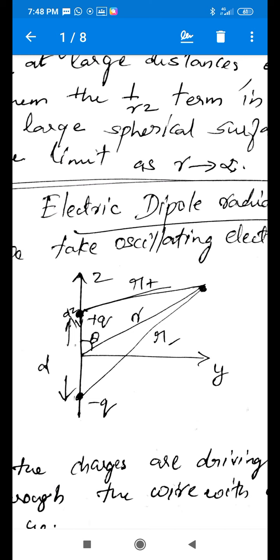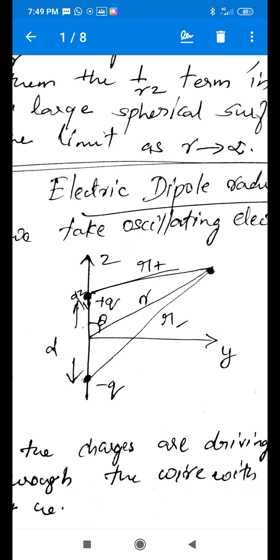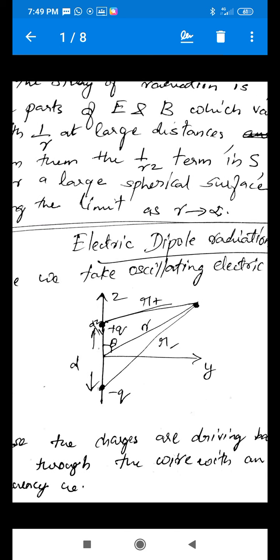That is r plus away from the plus q charge and r minus away from the minus q charge, and the angle theta is the angle between vector r and the z direction. So the picture I hope you remember.